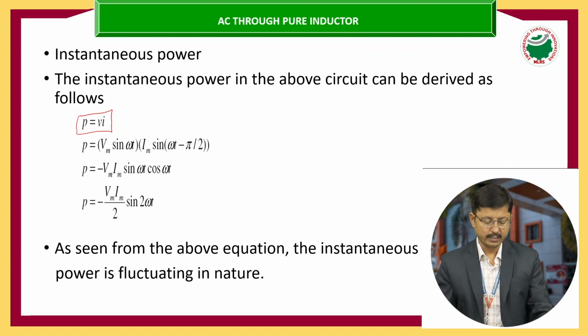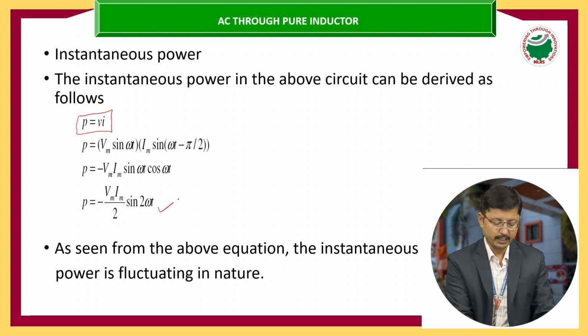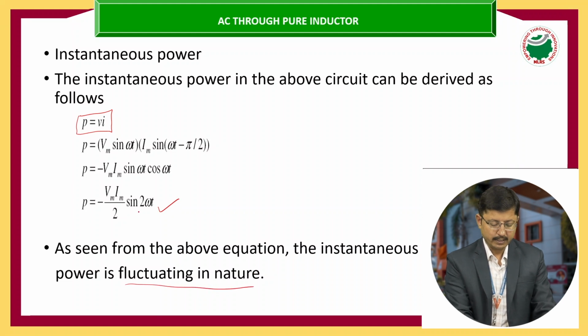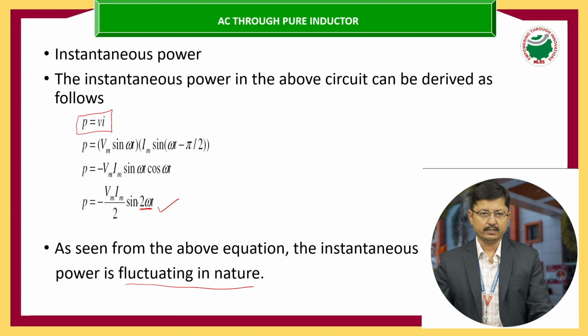From this instantaneous power expression you can see that it is fluctuating in nature, at 2 times the angular frequency. That means over a complete cycle we get two fluctuations. So the instantaneous power in an inductor is fluctuating in nature.